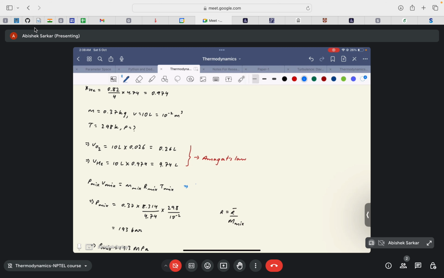Okay, so P mix can be written as small m mix into R mix, R bar mix over capital M mix, this is the molecular weight rather than the total mass of the mixture, into T mix by V mix.